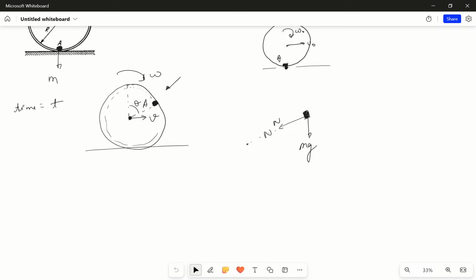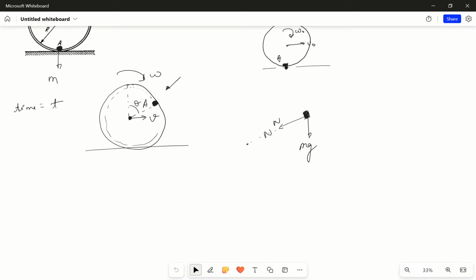It's always there, it is not going anywhere. And another one would be some frictional force, which would be tangential to this direction, but we are not interested in the tangential direction, so I am ignoring that frictional force. So these are the forces acting on it.